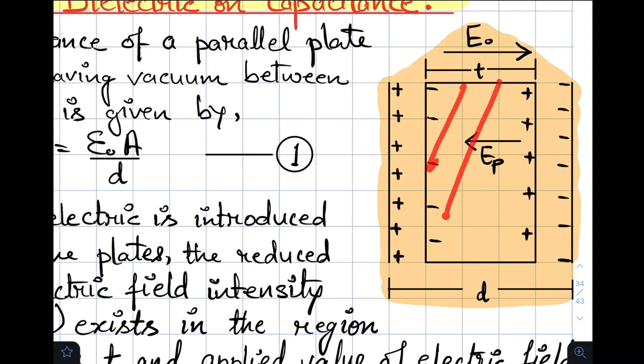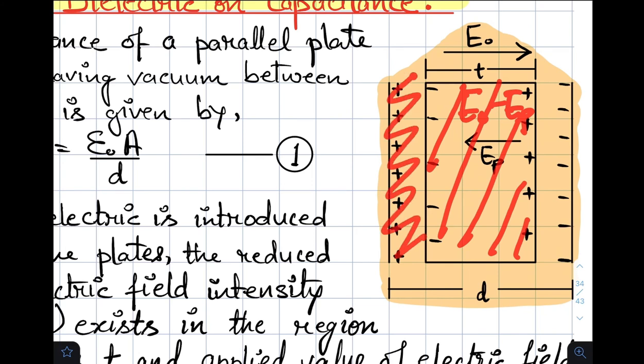So in this region the net electric field will be E naught minus EP, and in the outer region it will be E naught only, because there is no dielectric there.